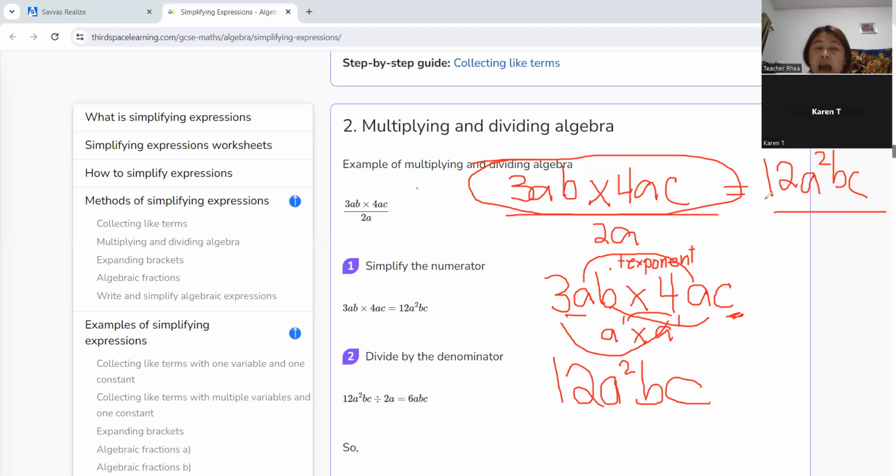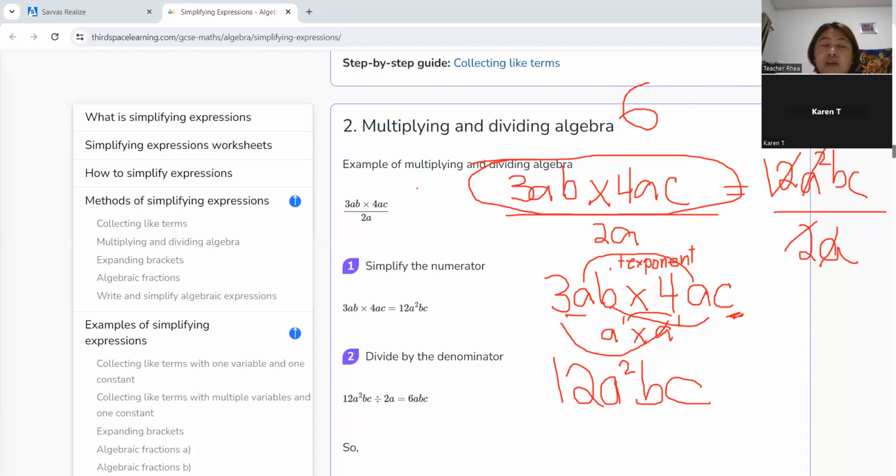Next, after simplifying the numerator, you divide by the denominator. How are we going to divide? First you divide the coefficients. 12 divided by 2 is equal to 6. For the variables, you subtract the exponents.